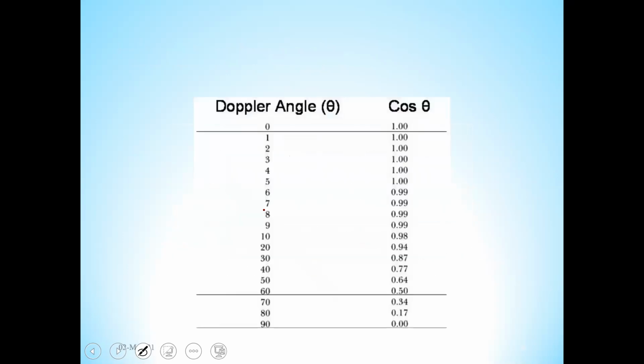So here you know that the cosine of the angle 0 is 1, and as we increase the angle, the cosine of the angle decreases, and finally at 90 degrees the cosine becomes 0. So at a 40-degree angle, the cosine value will be 0.77, at a 60-degree angle the cosine value will be 0.50, and at an 80-degree angle the cosine value will be 0.17.